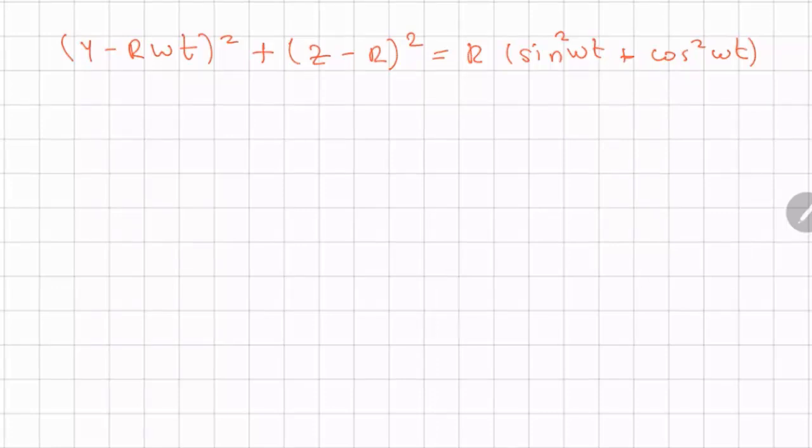So what we know by trigonometric identities is that this term is equal to 1. So the final equation is y minus rwt squared plus z minus r squared is equal to r squared, right?